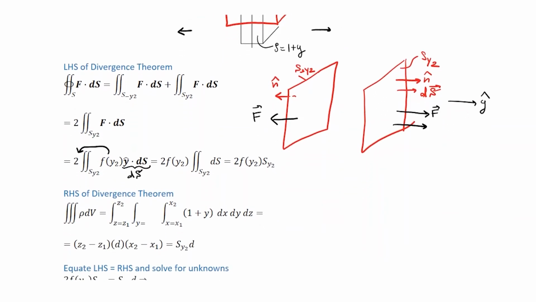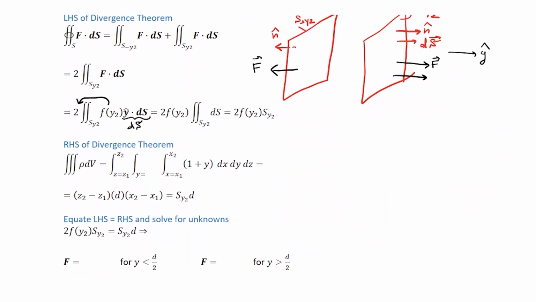Now let's move on to the right-hand side of the divergence theorem. Here we have the integration of rho. Our z integration just goes from the lower to the upper bound of the cuboid. Same goes for x. Now for y, it's really important what you put here.